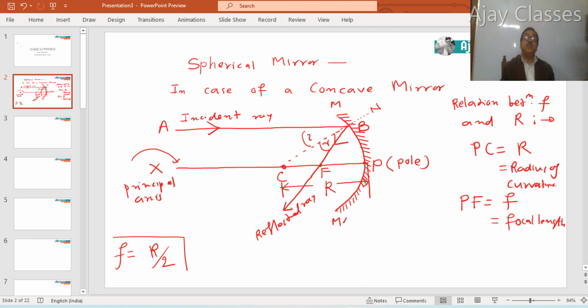How to prove this relation? The proof is that with the help of this ray diagram, we will prove the relation. A, B, and C. AB is the incident light.